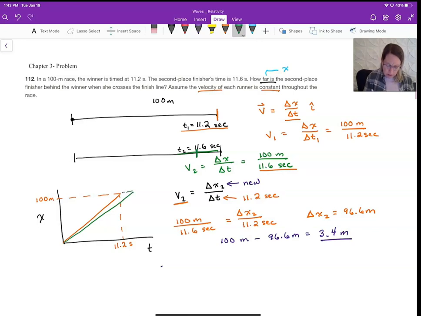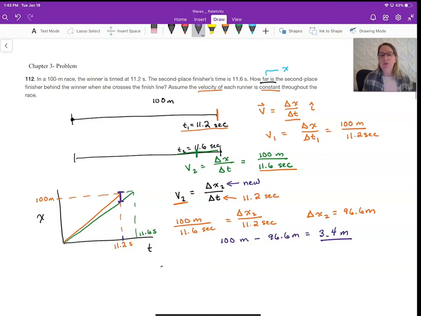And we know that she arrives at 100 meters at 11.6 seconds. What we want to find is this distance right here. This purply black distance is the distance that the second runner is behind at 11.2 seconds.